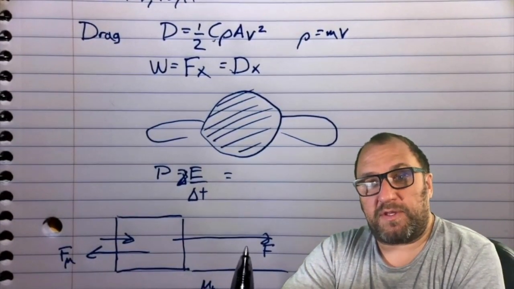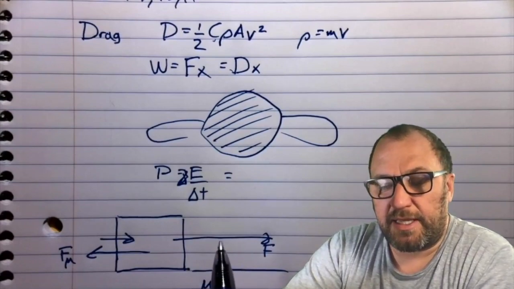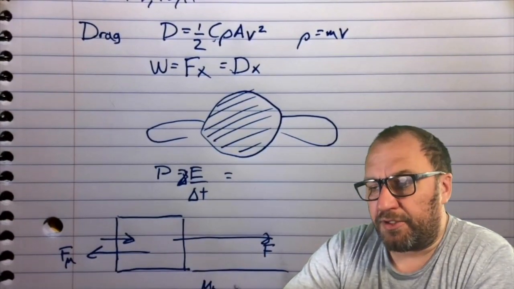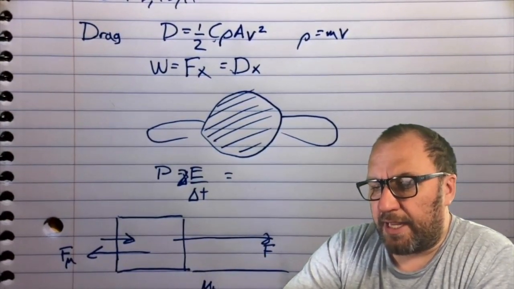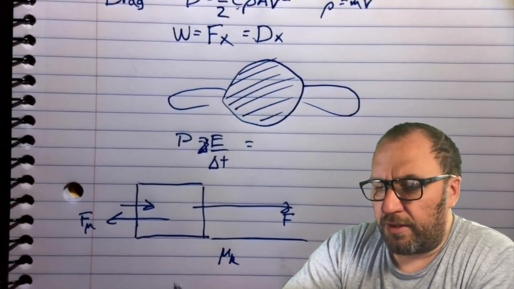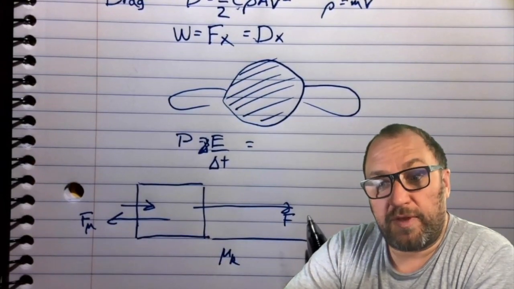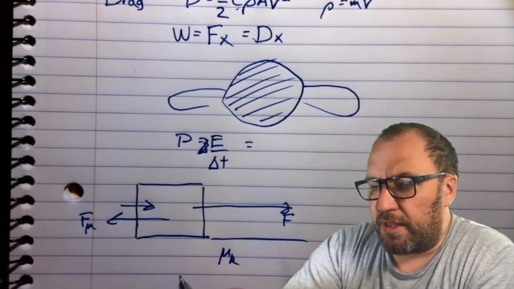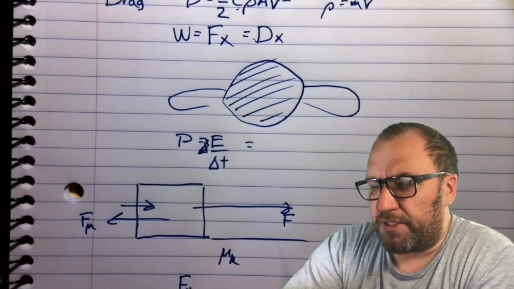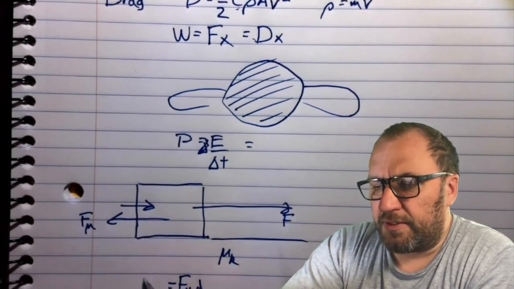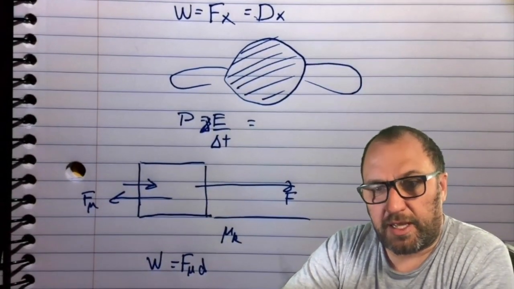And if I want to keep this moving at a constant velocity, I've got to keep supplying energy. So I could say, well, how much energy am I going to have to do in order to keep this moving at a constant velocity? Then that would be the force of friction times the distance would give me work. Okay?